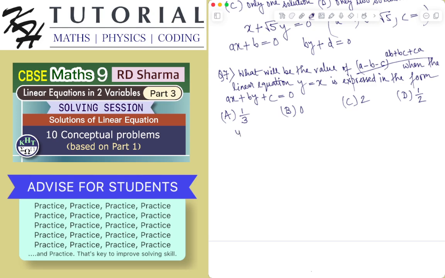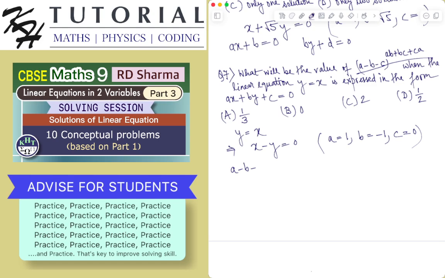The given linear equation is y equals to x. This means I can say x minus y is equal to 0. Clearly, a is equal to 1, b is equal to minus 1, and c is equal to 0.